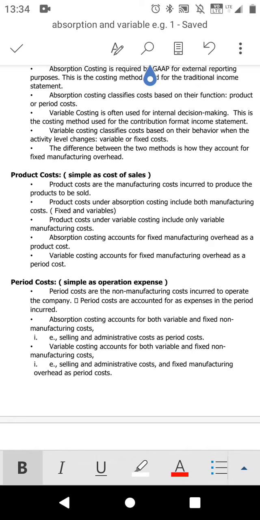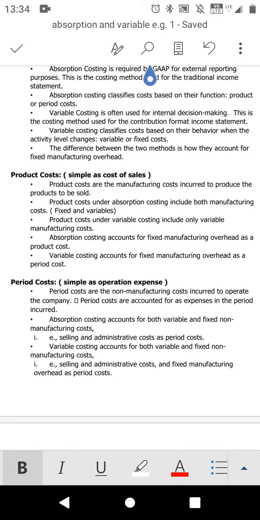Remember, if we are talking about the cost of sales, we are talking about the cost that we spend in order for us to do what? To sell. In other words, that's a direct cost involved to produce the product that we are selling. Then the product costs are manufacturing costs incurred to produce the product to be sold, as I was explaining.